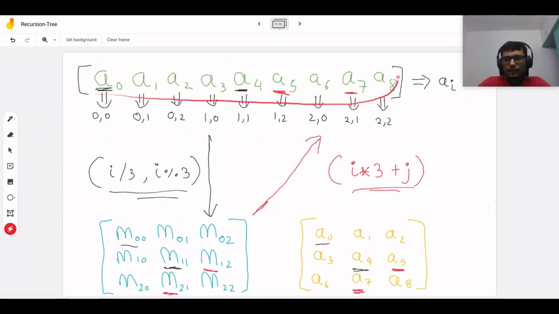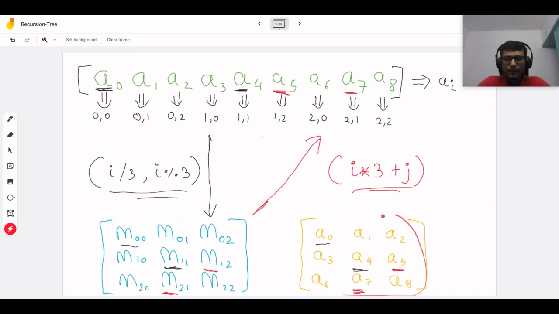Basically we have this flattened matrix where we have 9 elements going from A0 to A8, and we want to convert it into two-dimensional matrix of this form. So our problem is that we want to arrange these elements A0 to A8 in this manner: A0, A1, A2, A3, A4, A5, A6, A7, A8.